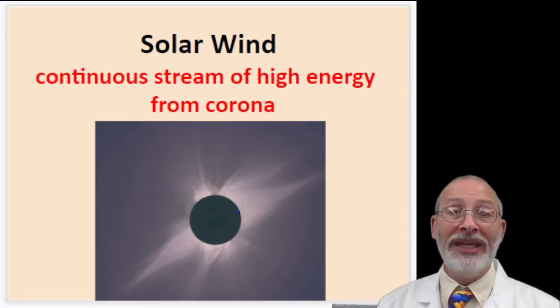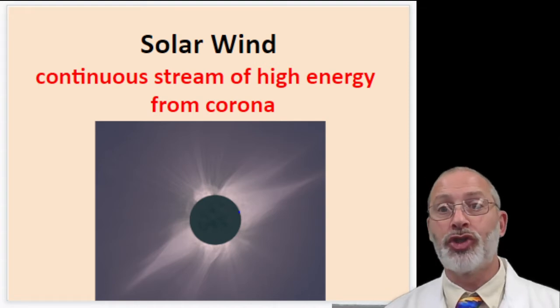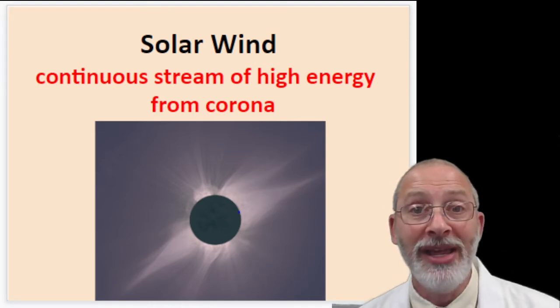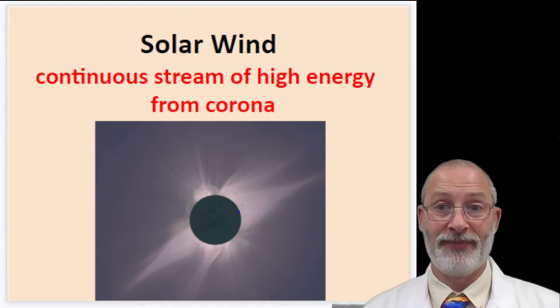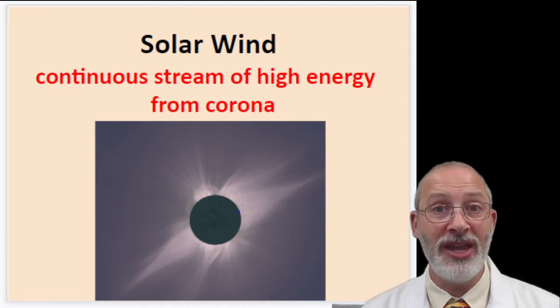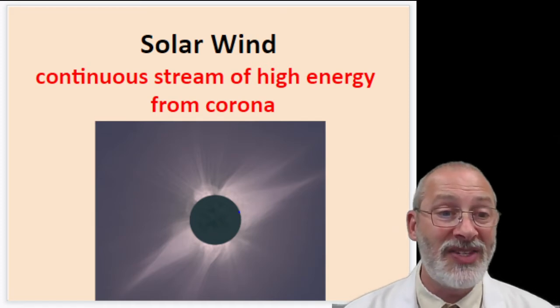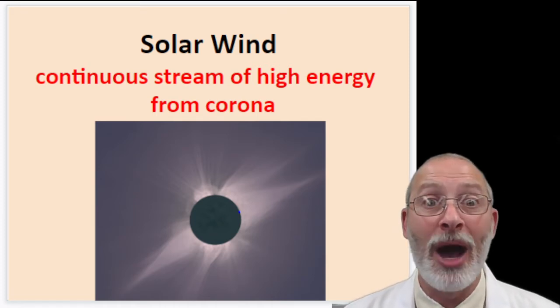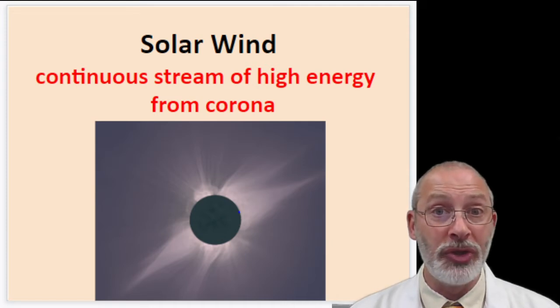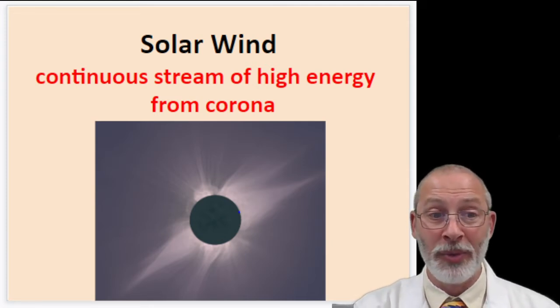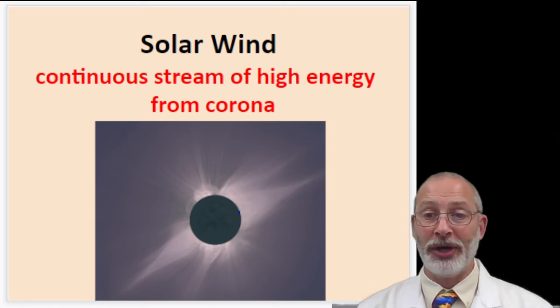This solar wind, which is a continuous stream of high energy emanating from the corona, changes. And during this 11-year cycle, sometimes it is extremely powerful and can do damaging things to the Earth, which we'll talk about in a moment with our last solar activity.